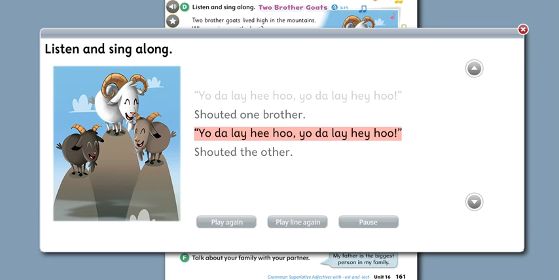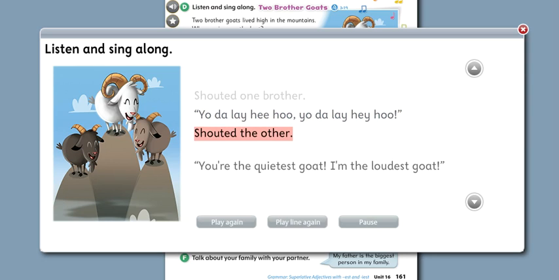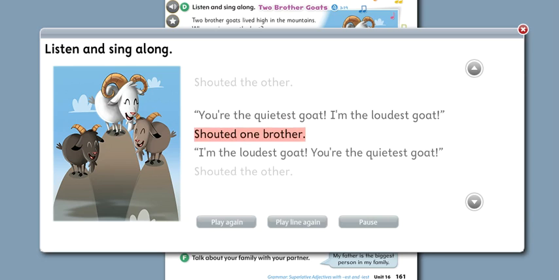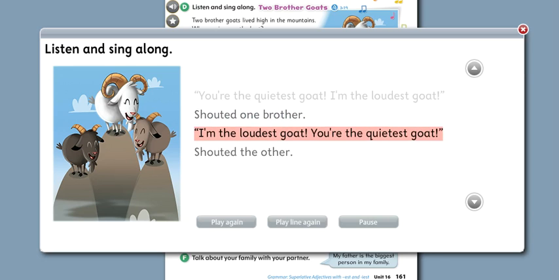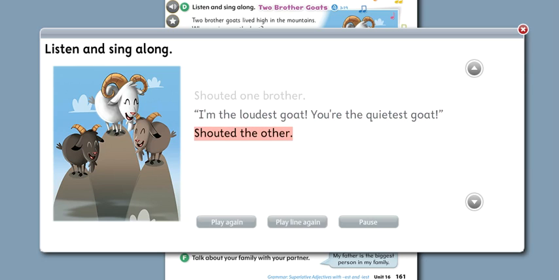Yodelay-hee-hoo, shouted the other. You're the quietest goat, I'm the loudest goat, shouted one brother. I'm the loudest goat, you're the quietest goat, shouted the other.